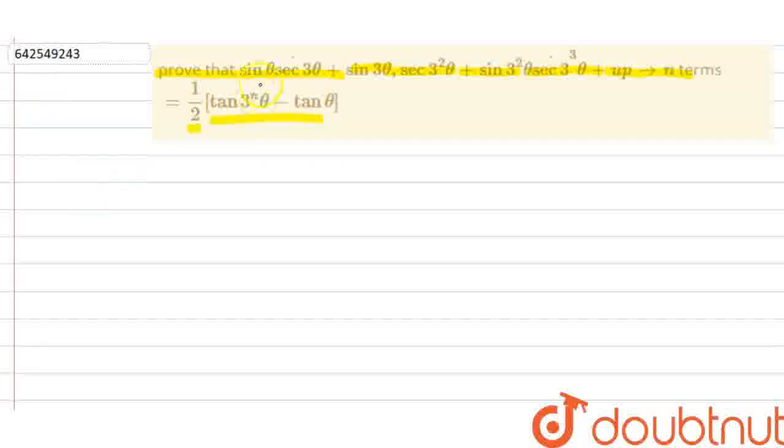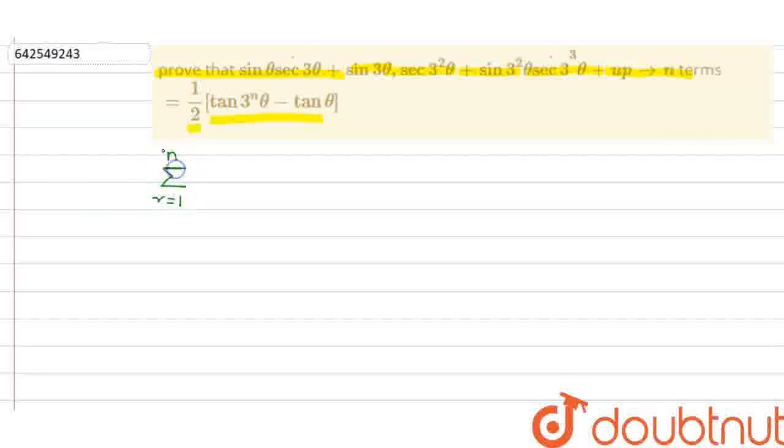Now, if you write it in summation form, let's say r is equal to 1 to n.